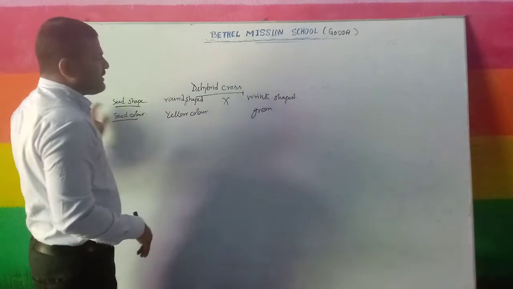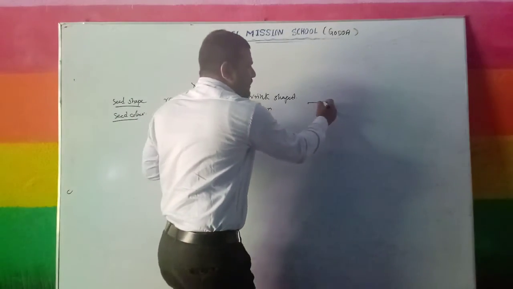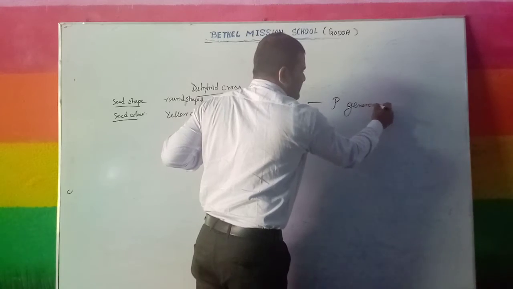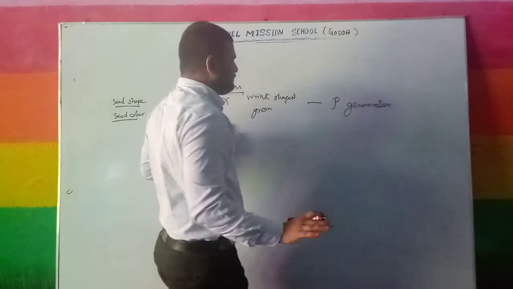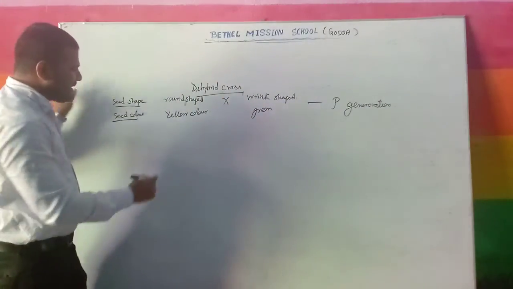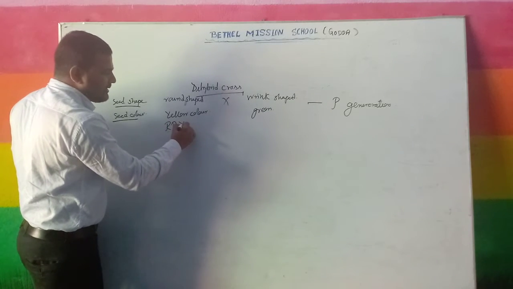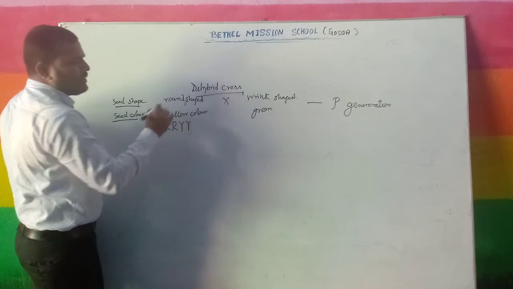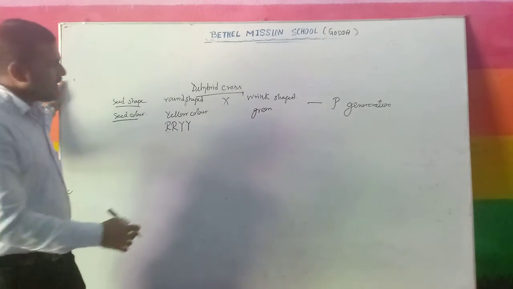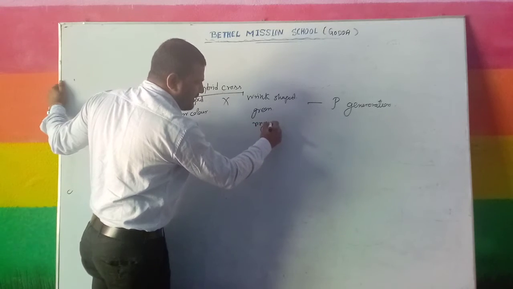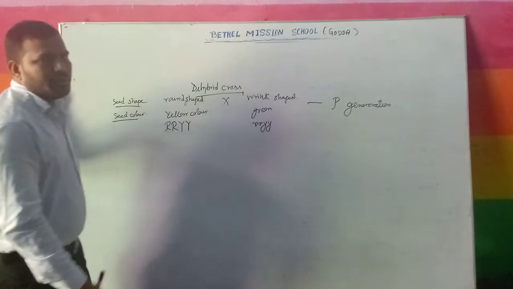The organisms that take part in the cross are termed as a parent generation or P generation. Now the round shape is denoted by the capital R, and the yellow color is denoted by the capital Y. Clear? And wrinkle shape is denoted by the small r, and green color is denoted by the small y.